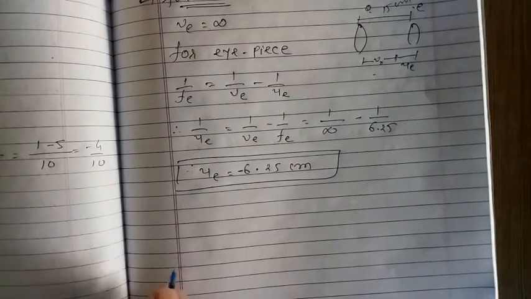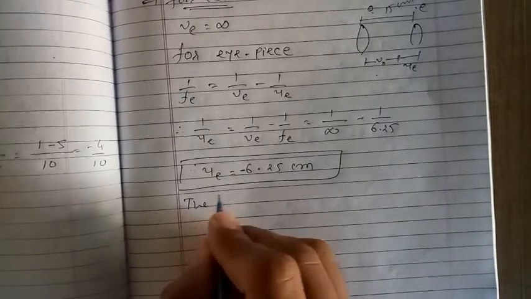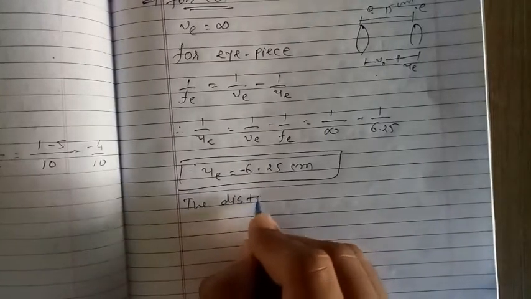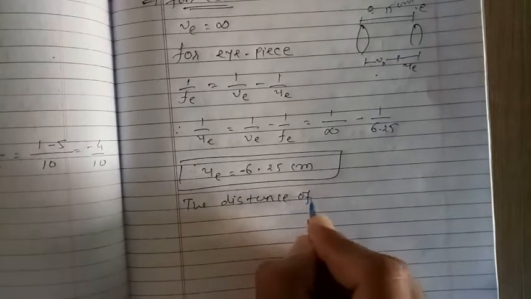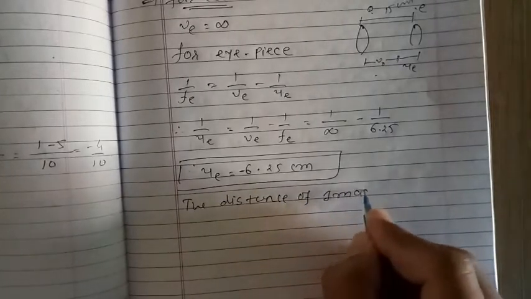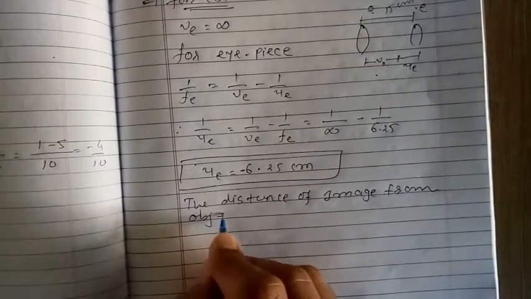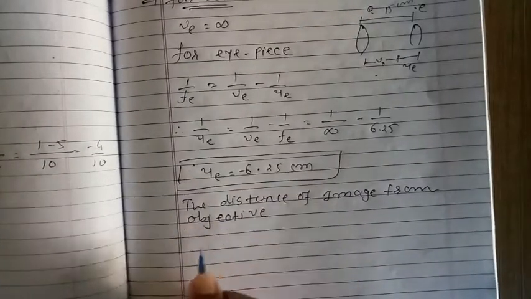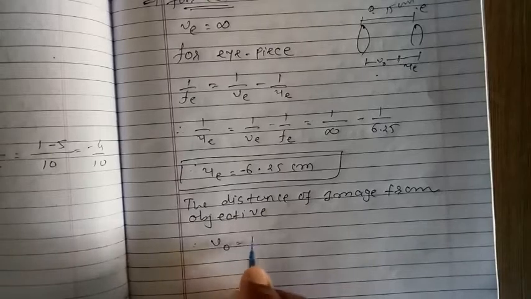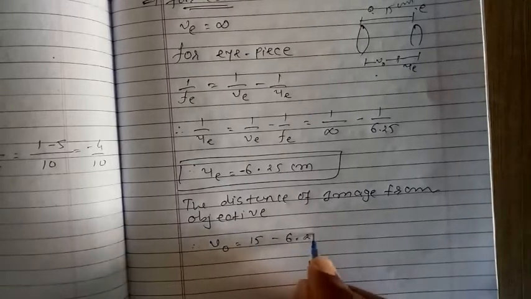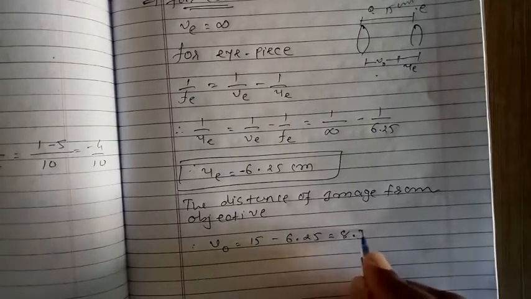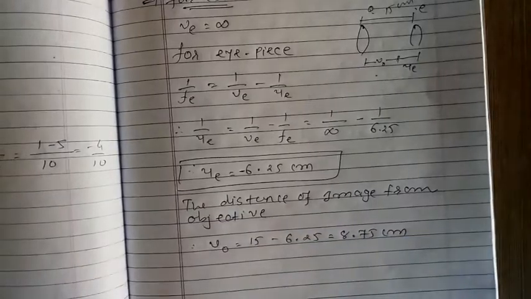So the distance of image from objective VO is equal to 15 minus 6.25. So we get 8.75 centimeter.